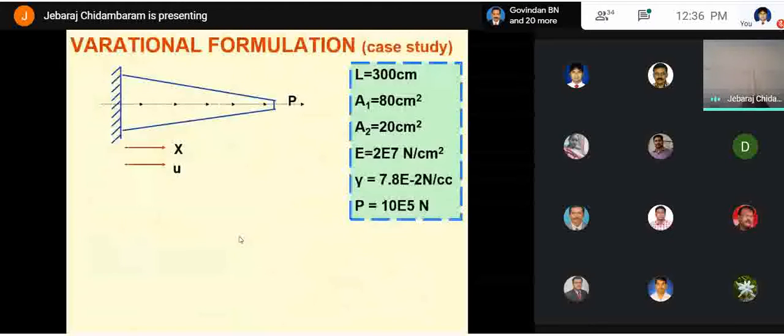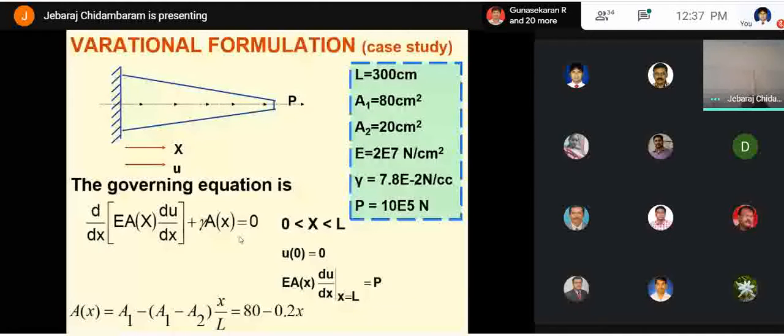Okay, this is my class notes. Here is the problem with some numerical numbers, so that when I finally finish my lecture, I will come back to this numerical problem. It is still the same tapered rod problem, the table leg problem, for which the length is given, the area varies from 80 to 20, and Young's modulus, density, and the force are everything given.